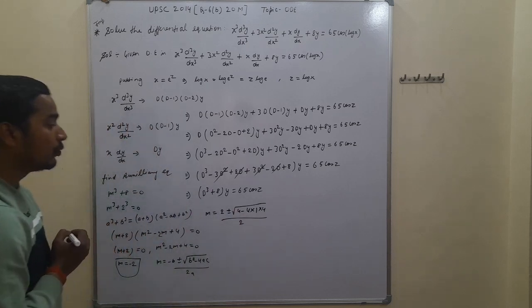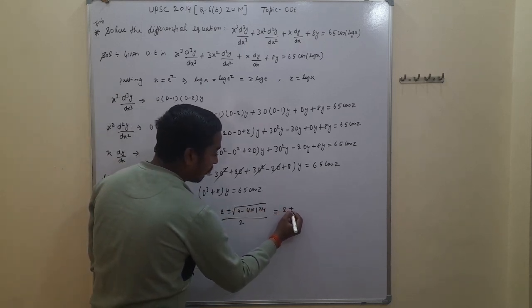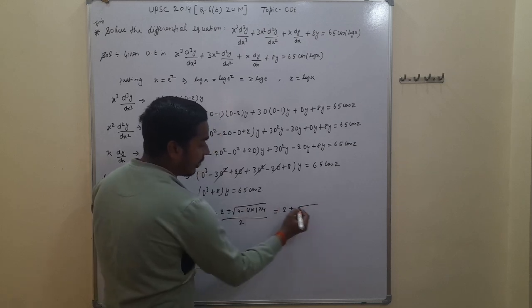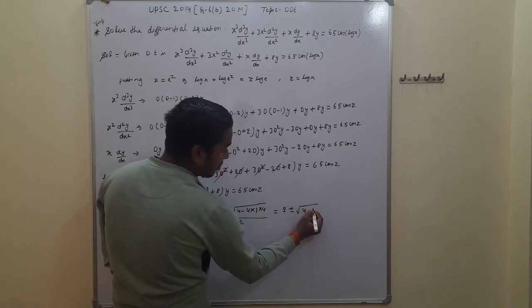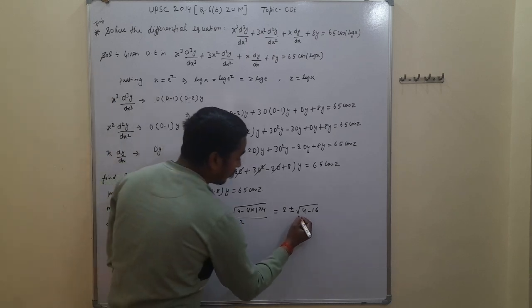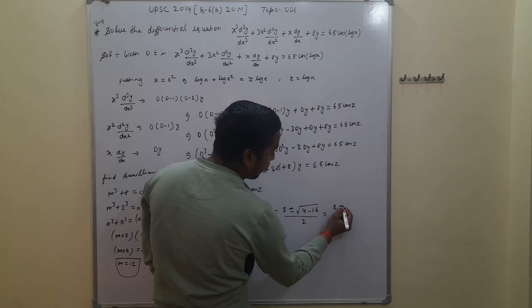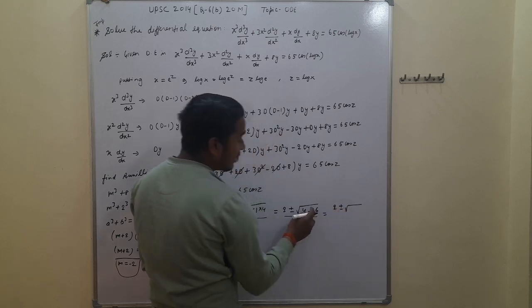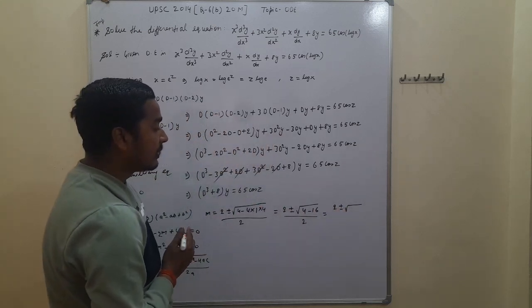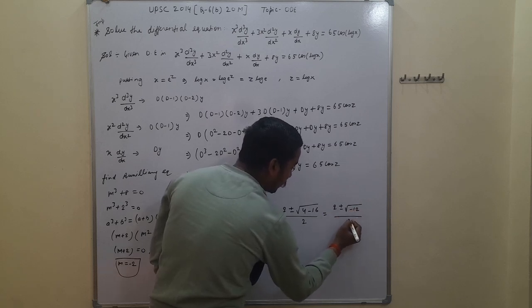This is given by 2. We have to solve here. This is given by 2 plus minus under root 4 minus 16 upon 2. And we can also solve, this is written as 2 plus minus under root of 16 minus 4, this is given by minus 12 upon 2.